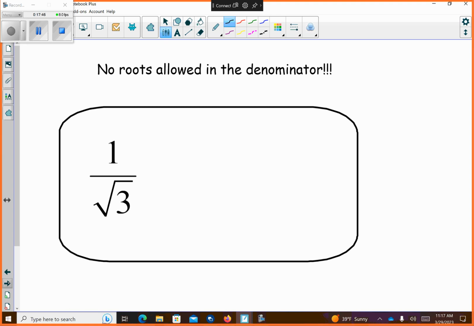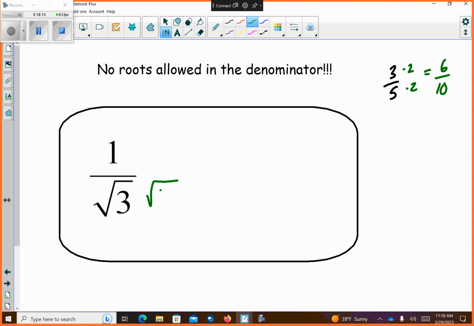If I had 3 over 5 as a fraction, and I were to multiply the top and the bottom both by 2 to get 6 over 10, is 6 over 10 an equivalent fraction to 3 over 5? Yeah. So I don't change the size of the fraction by multiplying the top and bottom by the exact same number. Agree? What if you multiply it by 3?